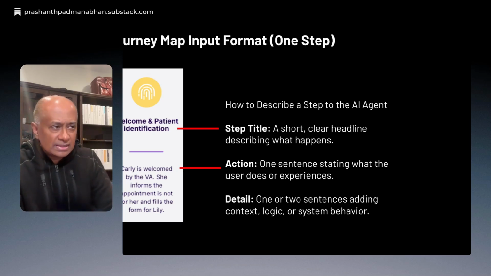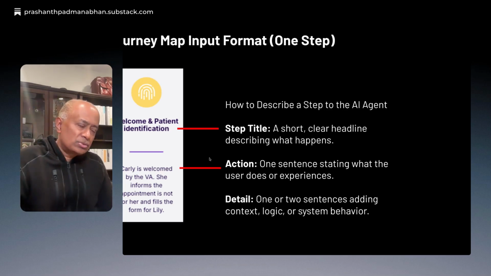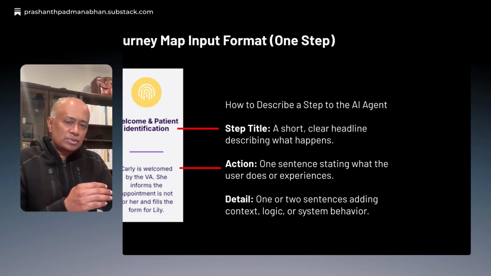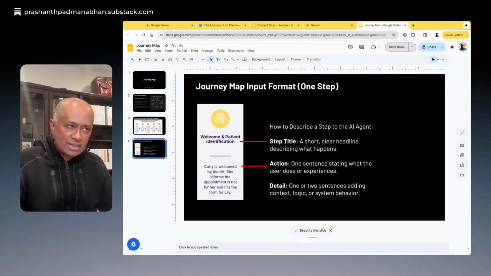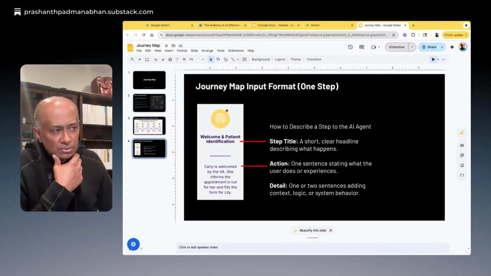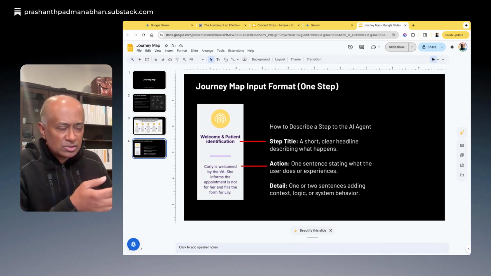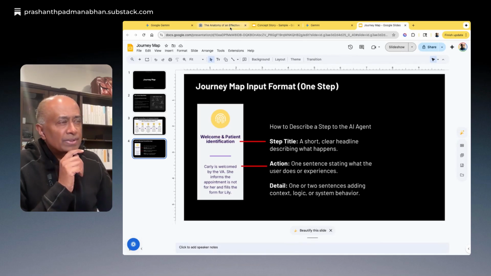Just you can explain it clearly, and that is it. Once you explain that, and then you have to do this for all your 4, 5 steps, and then you can use this gem, which is an AI agent, to go ahead and create your journey map. And you should be able to edit the journey map and make some minor tweaks using prompts as well.